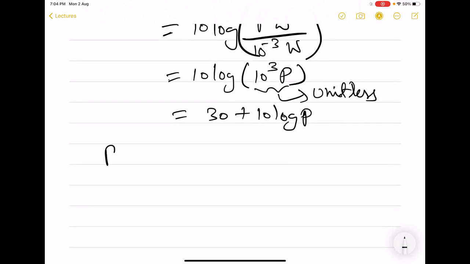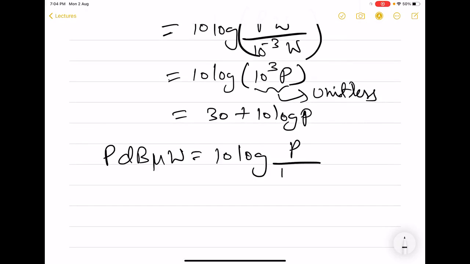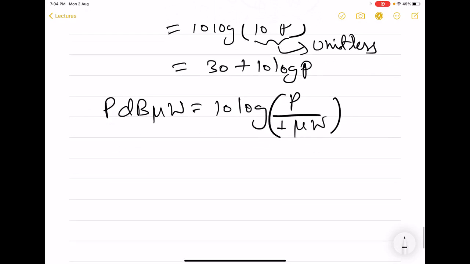Similarly, the interpretation of P dB microwatt would be that we have a power and that is being normalized or referenced with respect to 1 microwatt of power. Now suppose we have a power which is already expressed in microwatt and we want to express it in dB microwatt.